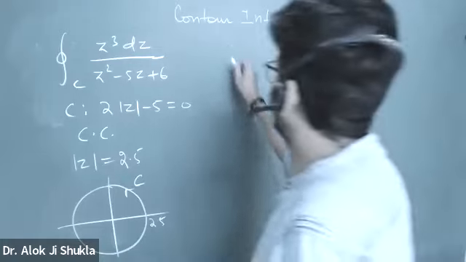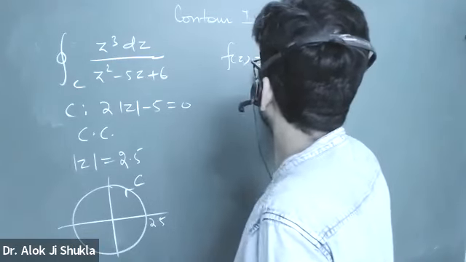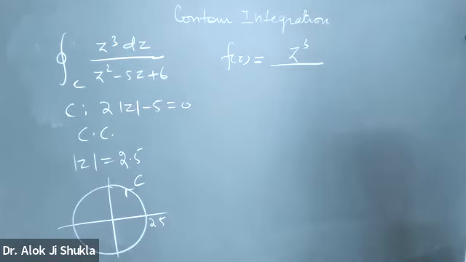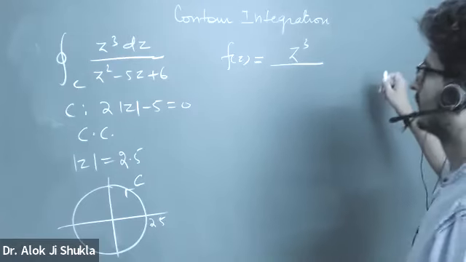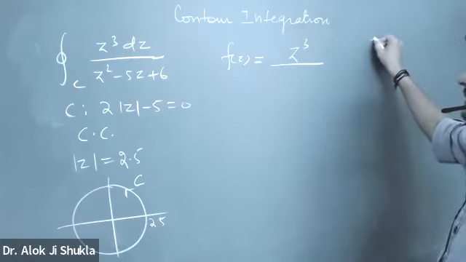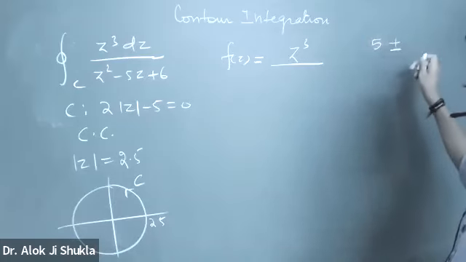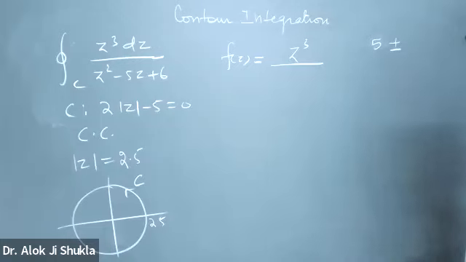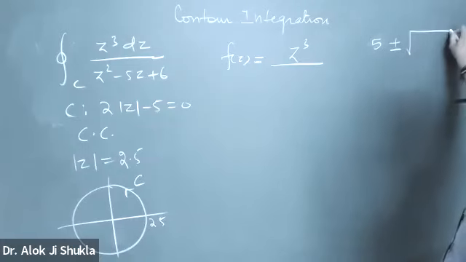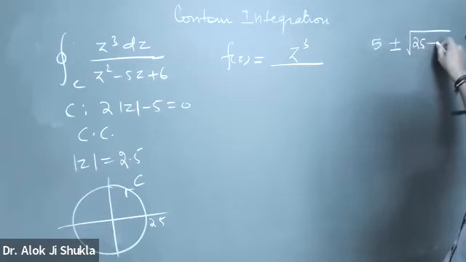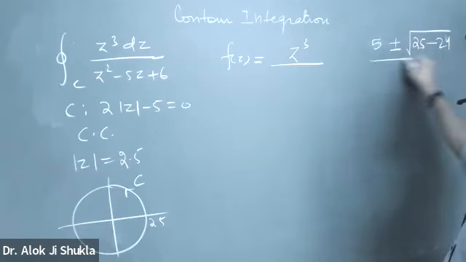So your f(z) will become z cube upon, what will be the roots? Minus b plus minus under root b square minus 4ac upon 2a.